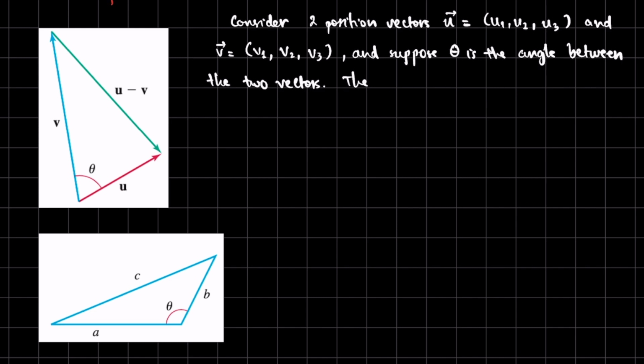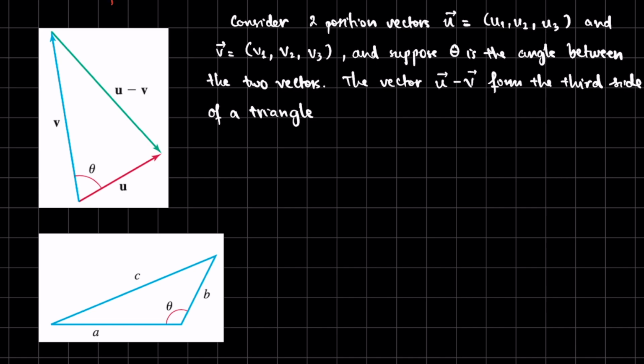The vector u minus v forms the third side of a triangle. From this setup, I'm going to show you how to get the formula for the dot product.